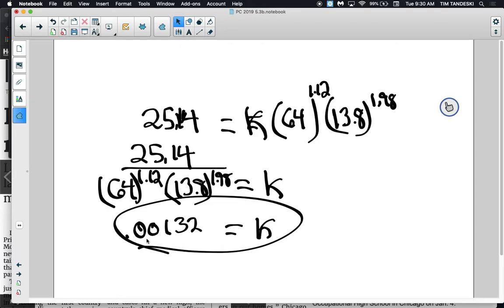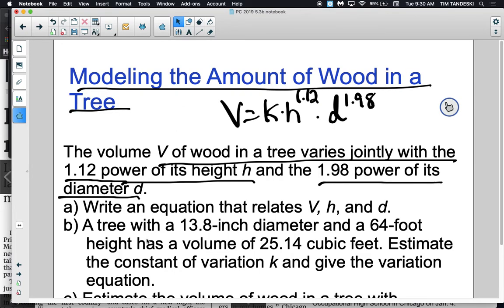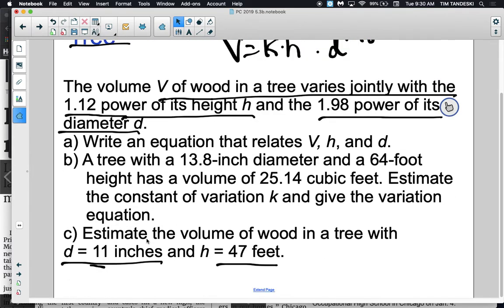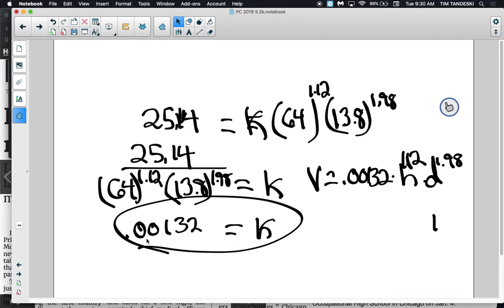So now my volume equation has turned into 0.00132 times h to the 1.12 power times d to the 1.98 power. In the next example, they say estimate when the diameter is 11 and the height is 47. So now I'm going to substitute 11 in for d.